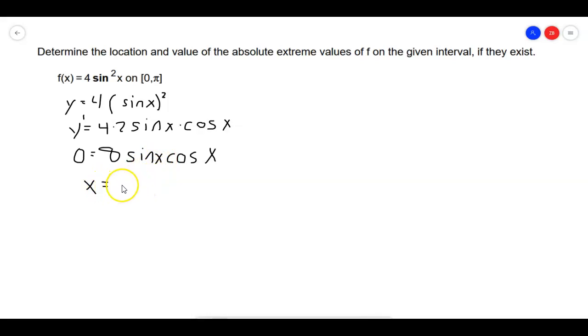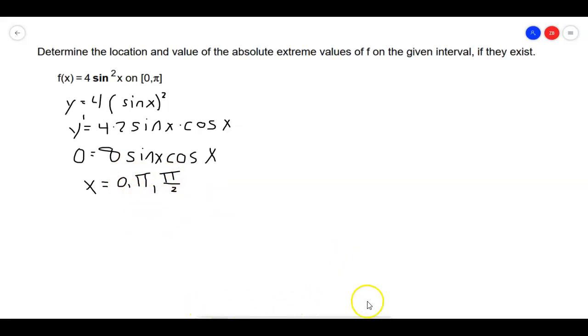Sine of x is equal to 0 between 0 and pi at 0 and pi, and cosine of x is equal to 0 between 0 and pi at pi over 2. And look at that, they happen to already include our endpoints as well, so I don't have to tack those on. So these are the only 3 points that I need to check.